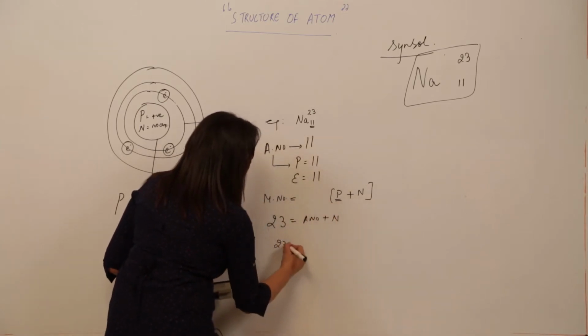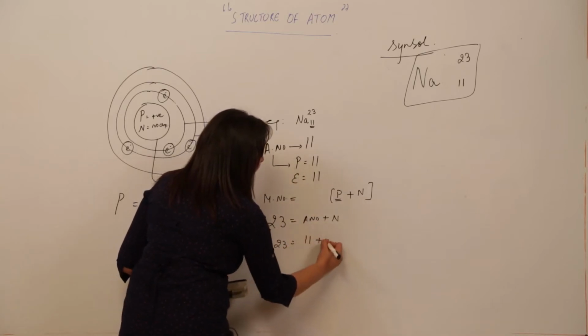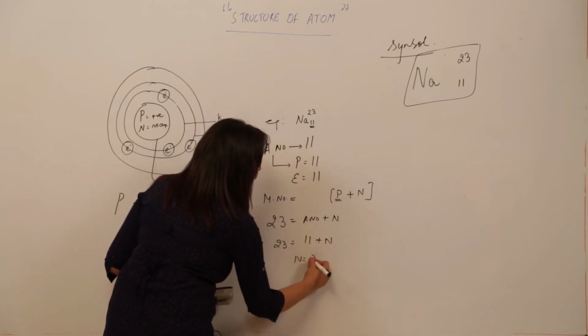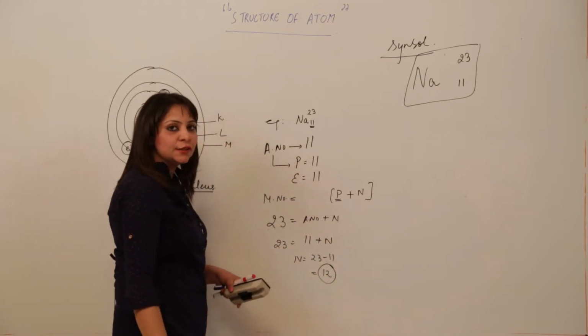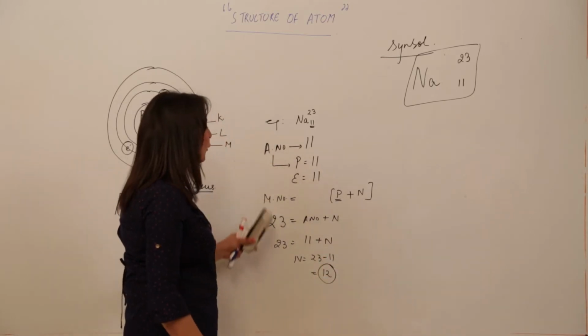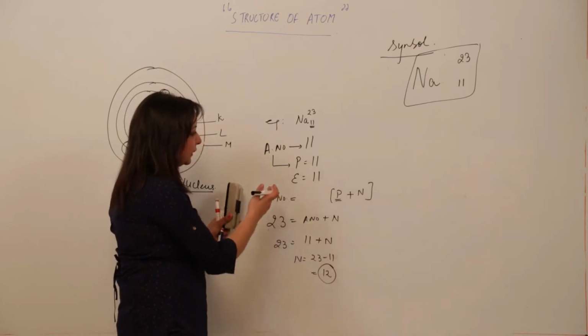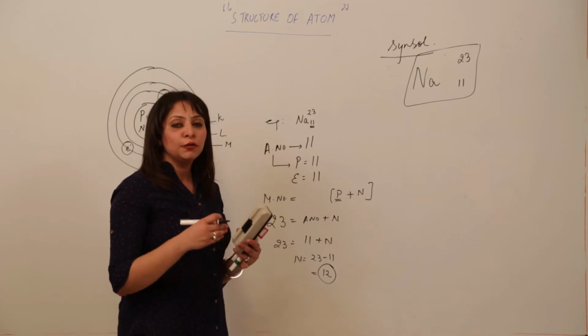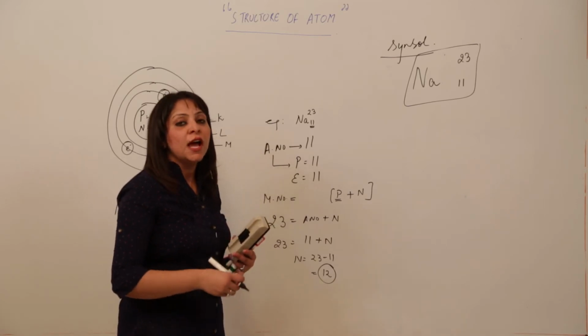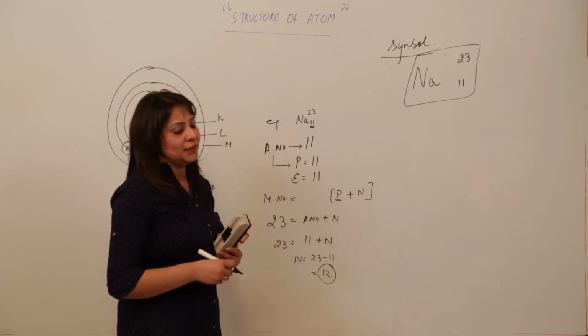So putting the values, atomic number is 11. So this is how you can calculate the number of neutrons. So the number of neutrons is 12. So this is how the information conveyed by the atomic number and mass number lets you get to know the number of protons, the number of neutrons and the number of electrons in a particle.